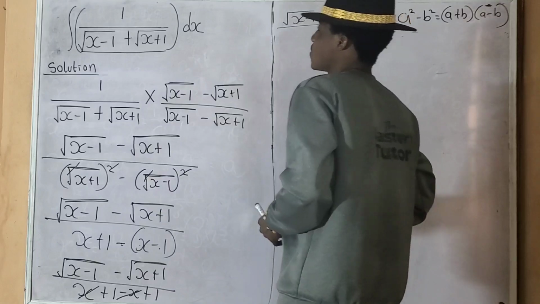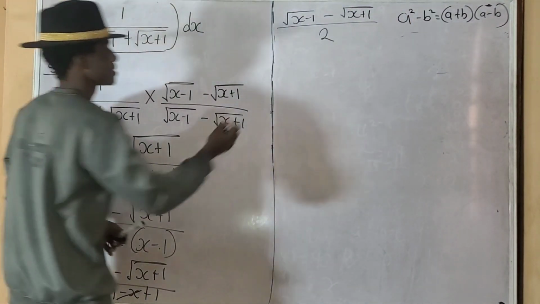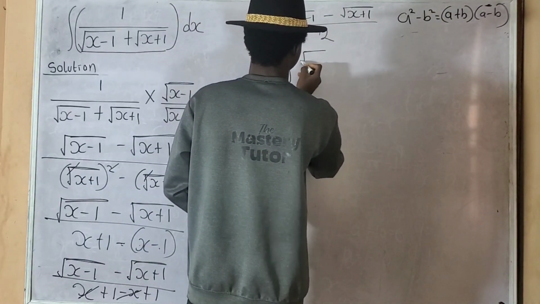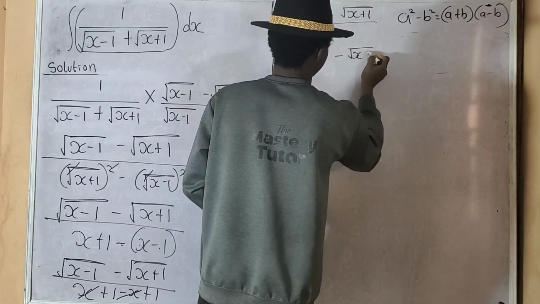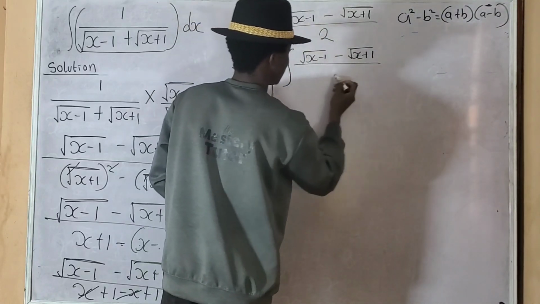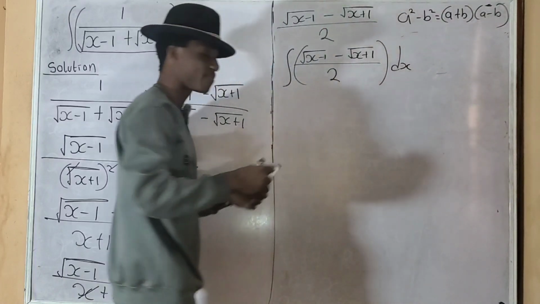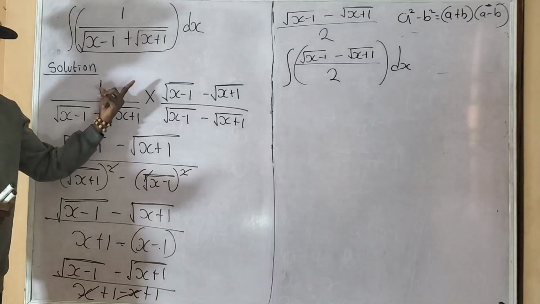So we've simplified what we have here. So the integral becomes the integration of root of x minus 1 minus root of x plus 1, divided by 2, dx. So you can see that I have not performed the integral. I just rationalized the denominator of the fraction.